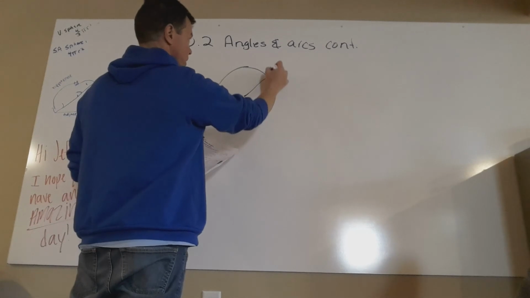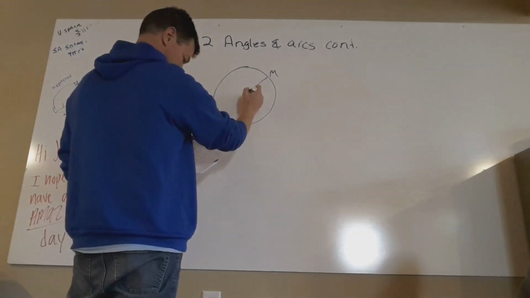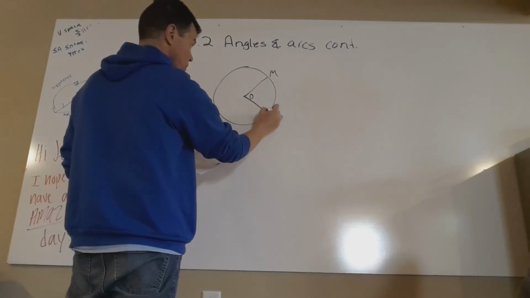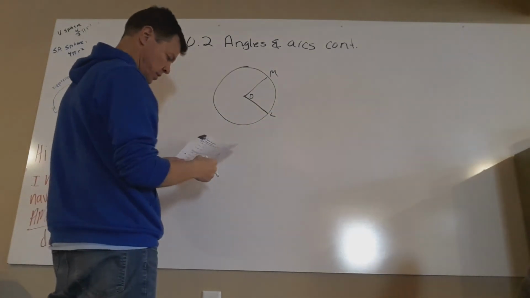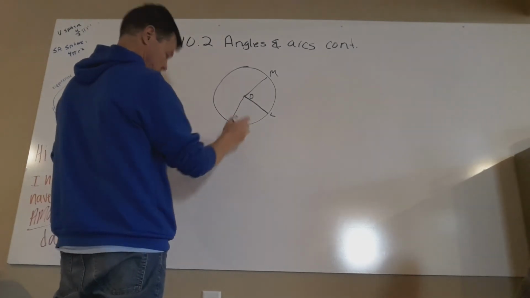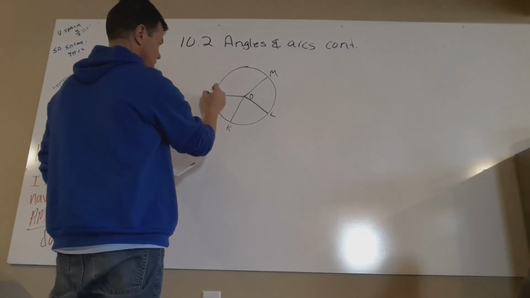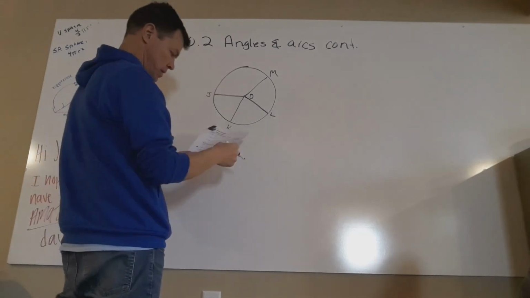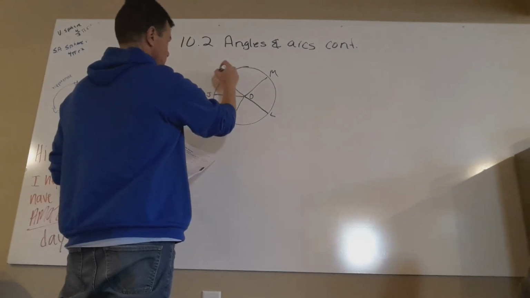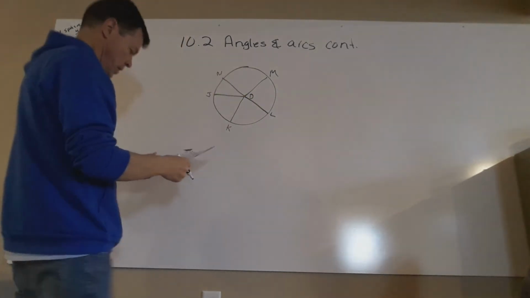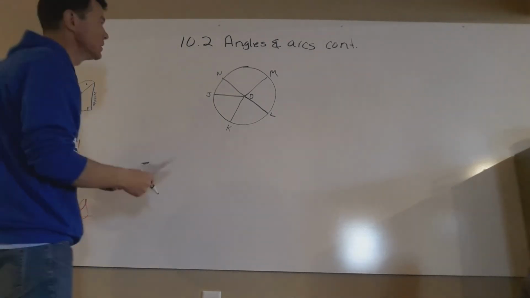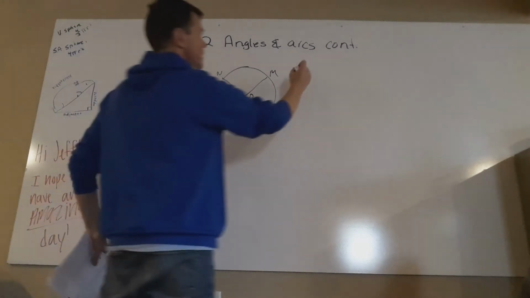Point M. There's D, L. Another point on the circle, K, J. And then the last one is N. And the diameter of this circle is 18 units.